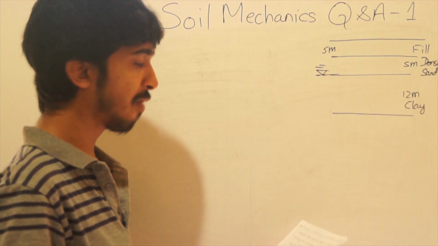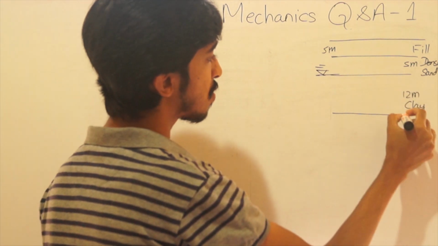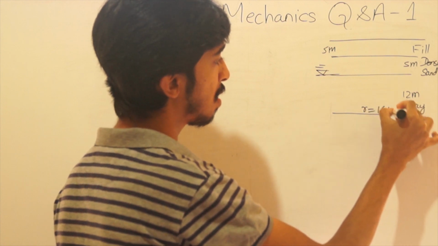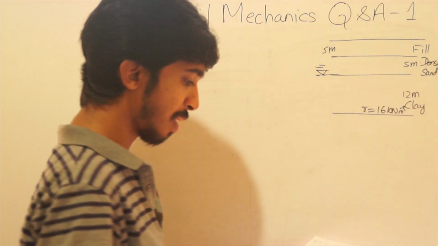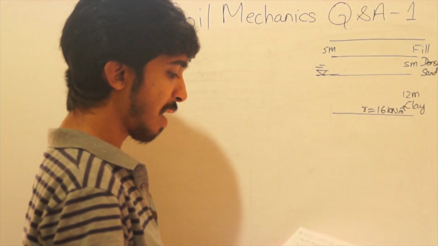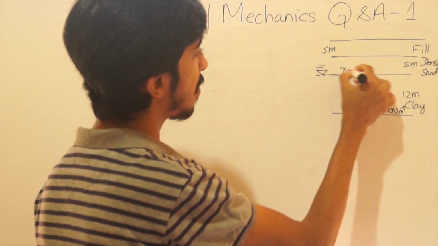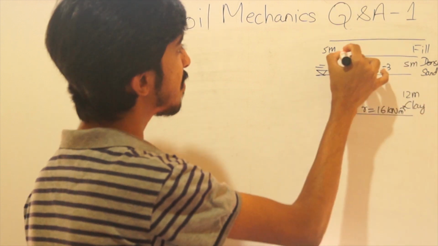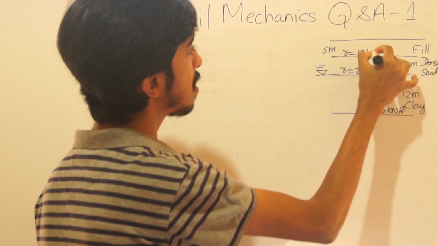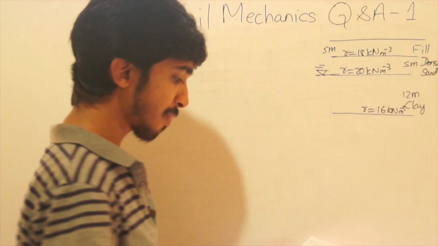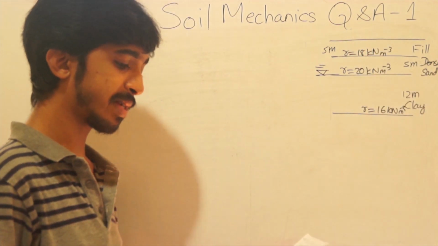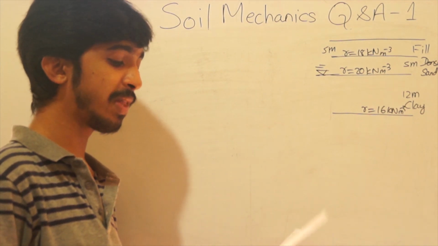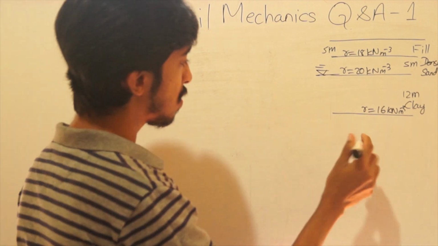The unit weights are given. For clay, gamma is 16 kilonewton per meter cube. For sand, gamma is given as 20 kilonewtons per meter cube. And for the fill it is given as 18 kilonewtons per meter cube. There is a table given for us for the variation of the void ratio with effective stress.